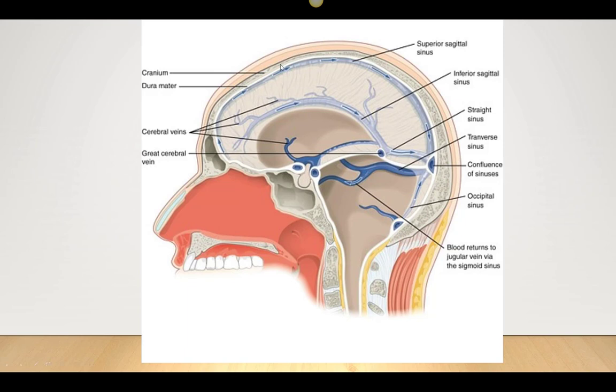So far you have the superior sagittal sinus, inferior sagittal sinus, and the straight sinus. Now, in this place you have the confluence of sinuses. It means that the superior sagittal sinus that comes from the top continues on the lower part with the occipital sinus.